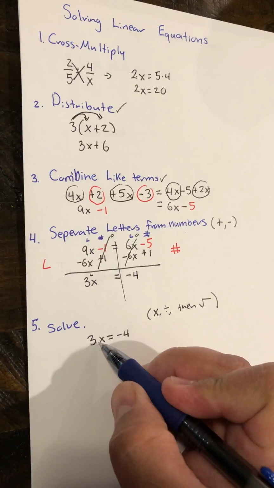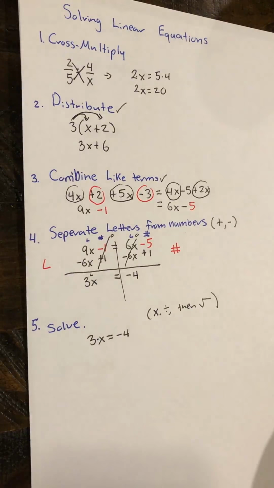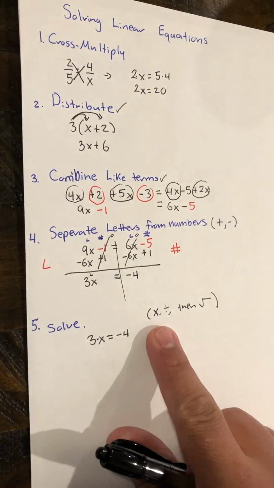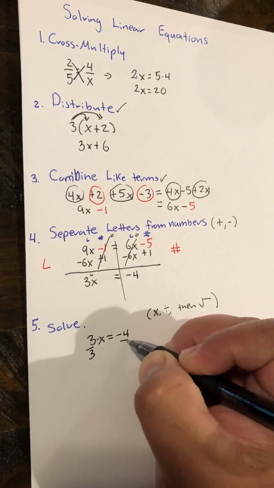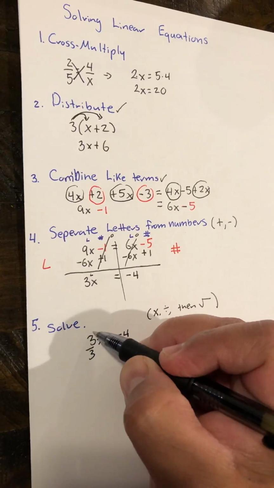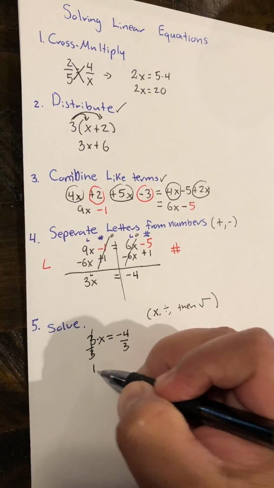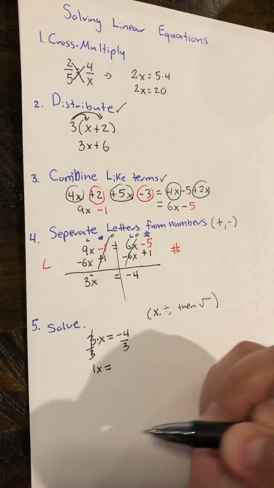This 3 is multiplying the x because it's the coefficient. So I'm going to do the opposite and divide by 3. 3 divided by 3, don't say 0, it's 1. So we get 1x. That's our goal here, to make the coefficient 1.